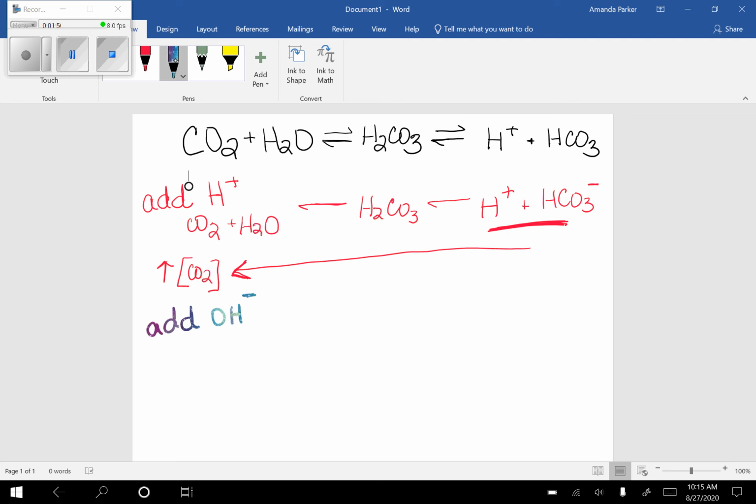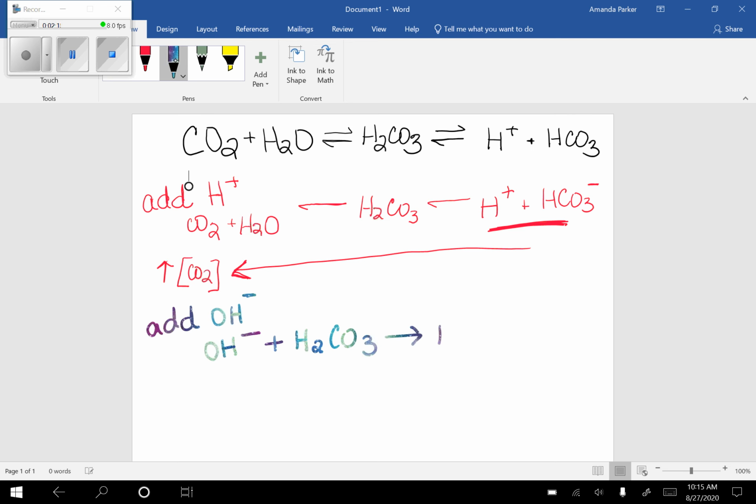So now let's look the other direction. We've now added base. If we add base, we have to think of this more in a two-step process. So any base that's added must react with acid that is present.